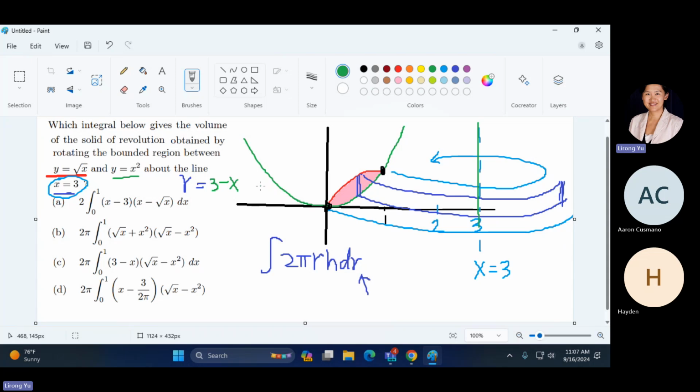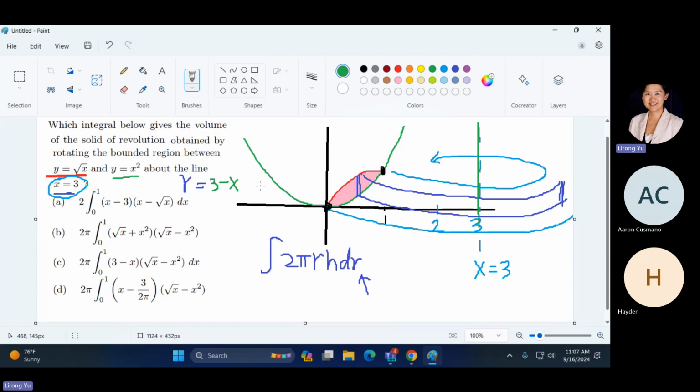Basically 3 is at the center, x is your free variable. This is 3, that's the x that was on that slice. So the distance between the two, this 3 is this long, and the x is so small. So you take 3 minus x, that's your radius. The radius is 3 minus x. That's how long that is.